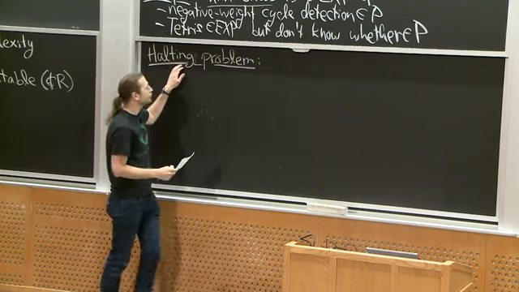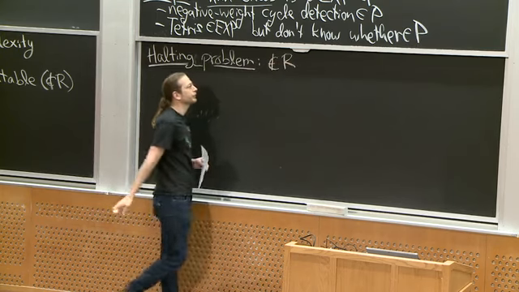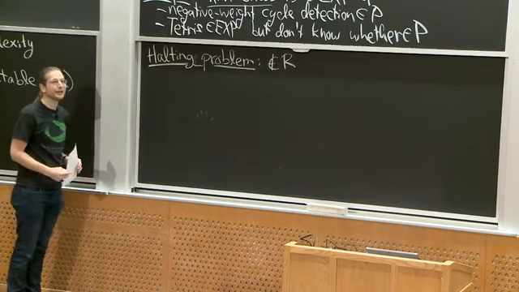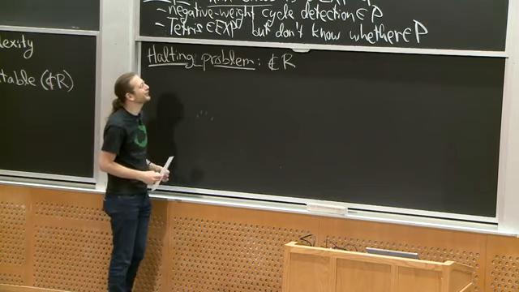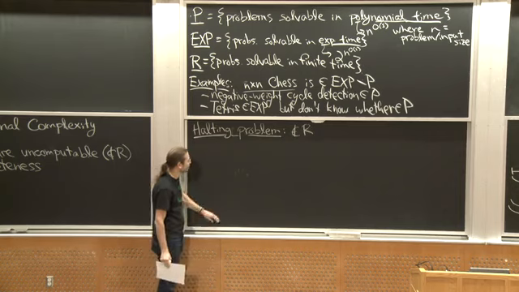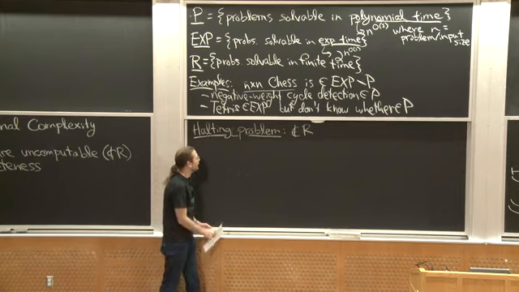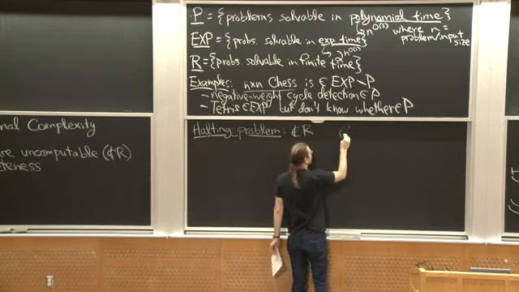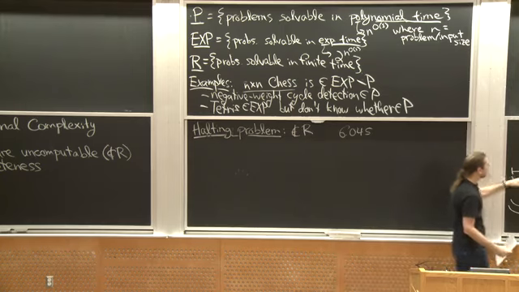We have an explicit problem that is not in R. So this class has been all about problems that are in P. 6.045 is so close to 6.046, which is the natural successor to this class. So 6.045 would talk about this. This class is all about problems that are in P, which is very easy. But in fact, there are problems way out here beyond R.